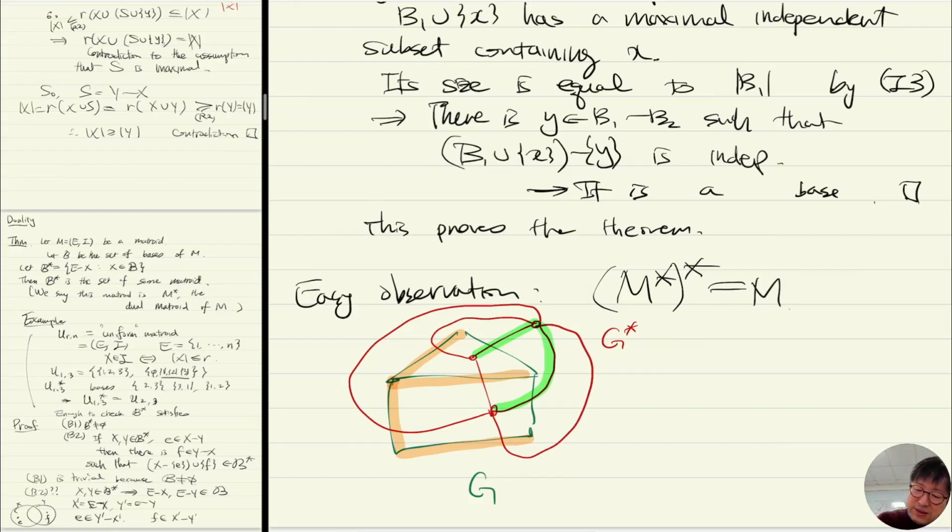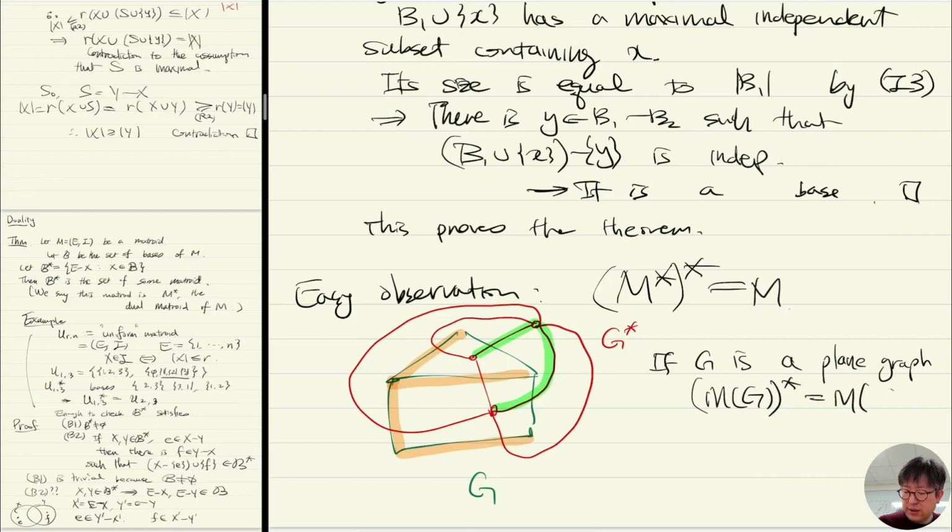So you can see the following, right? If G is a plane graph, then the dual of the cycle matroid of G is the same as the cycle matroid of the dual graph.